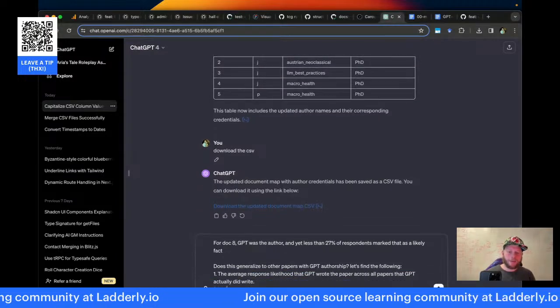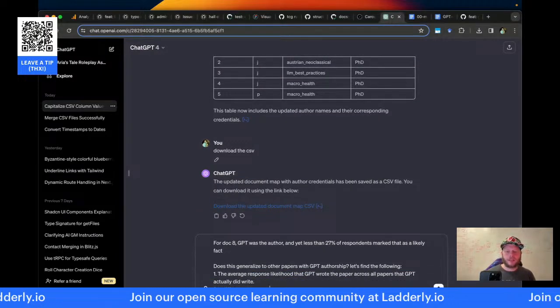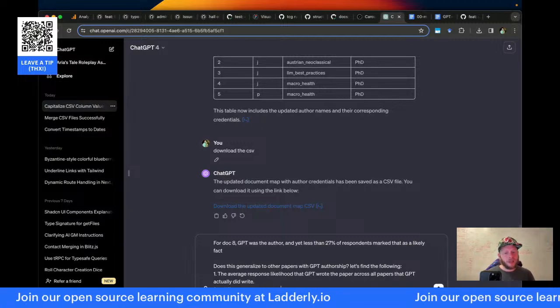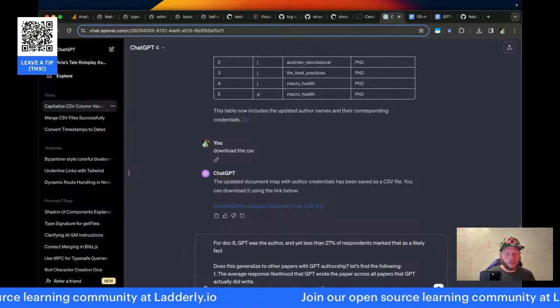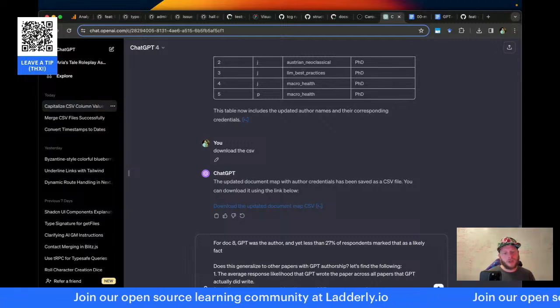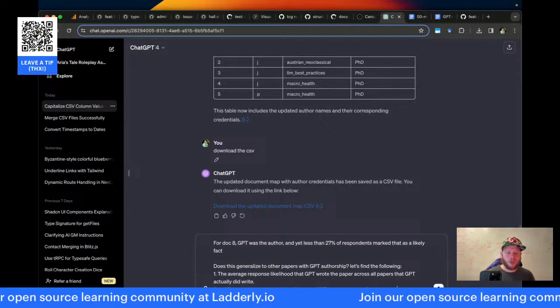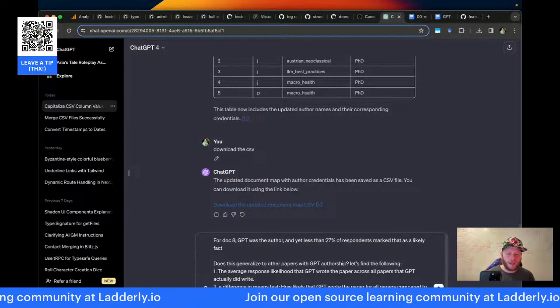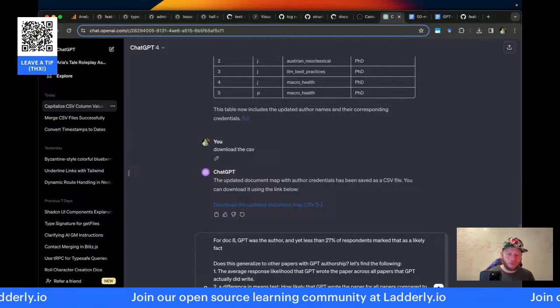And two, a difference in means test: how likely that GPT wrote the paper for all papers compared to the ones that it actually wrote.